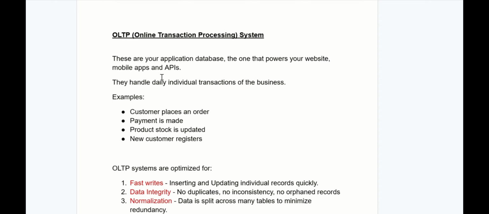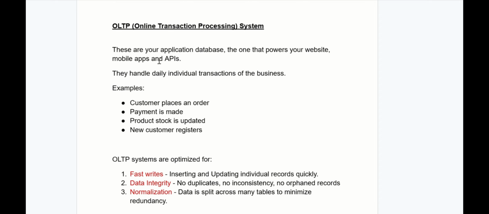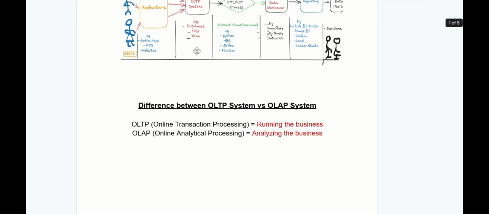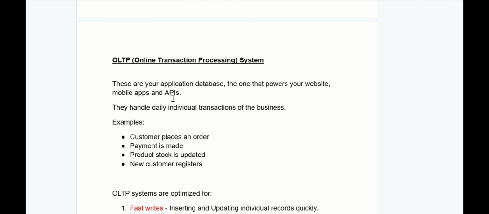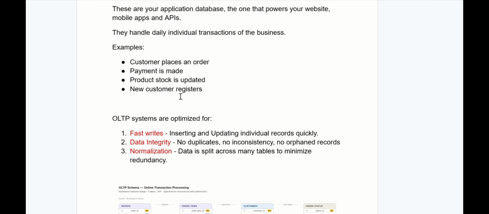So this is a good definition of OLTP. These are your application databases. Here you have the application, and it contains the database storing the data that comes from the application. These are the databases that power your website, mobile apps, and API.